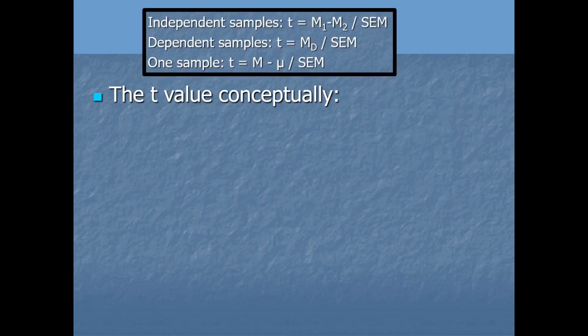Let's start by thinking back to what a t-test calculates, where we get a t-value along the way to find out if the test is statistically significant. If you look up at the top here, these are the equations we use to calculate a t-value for an independent samples t-test, a dependent samples t-test, and even a one-sample t-test. In all cases, the t-value is basically how much of a difference you found divided by SEM, the standard error of the mean, which is basically just a fancy standard deviation that takes sample size into account.